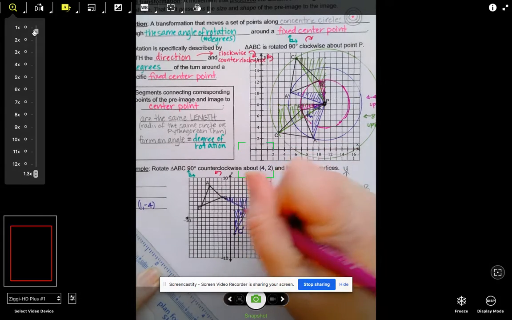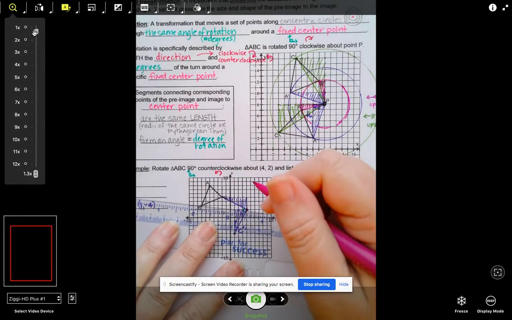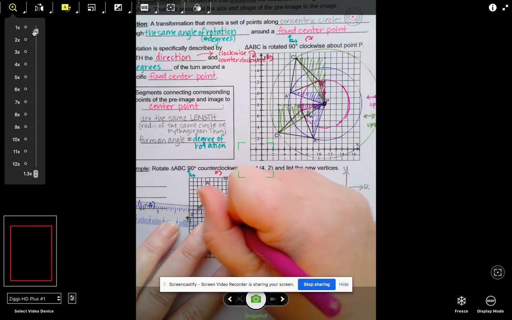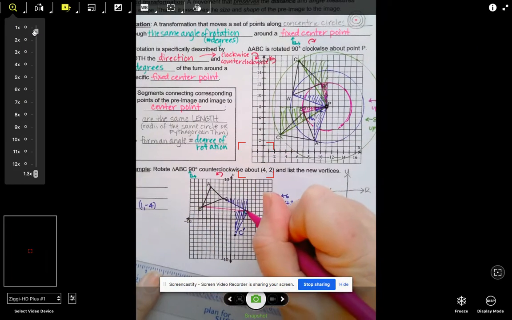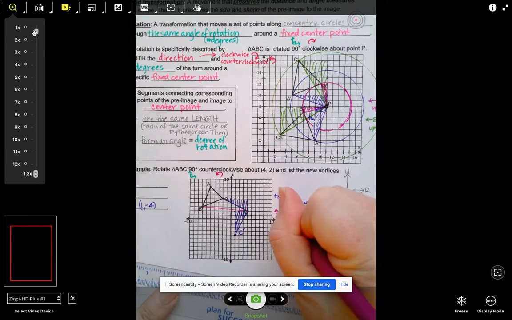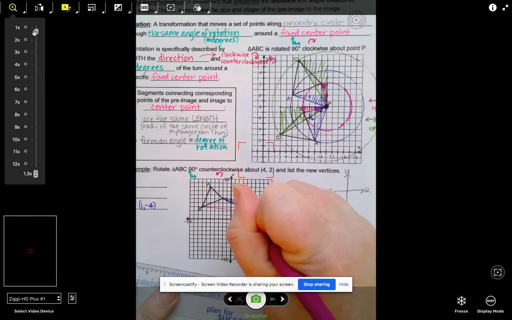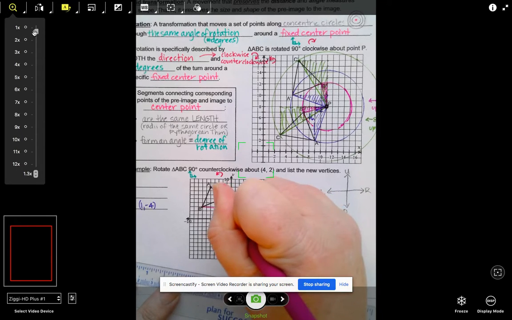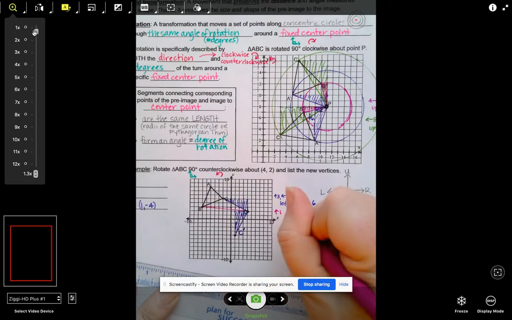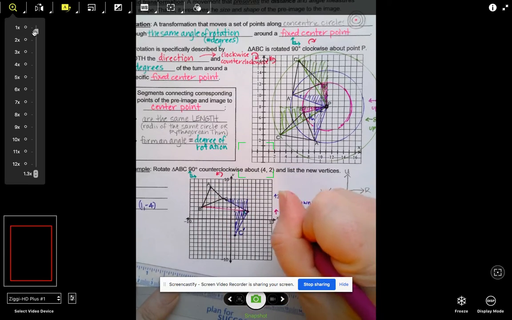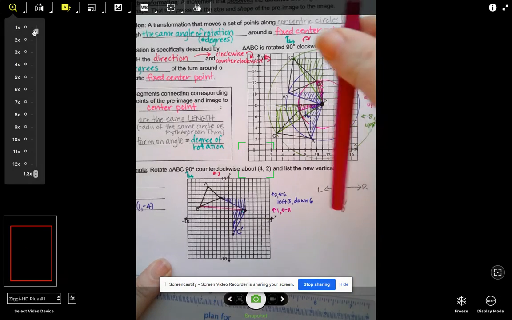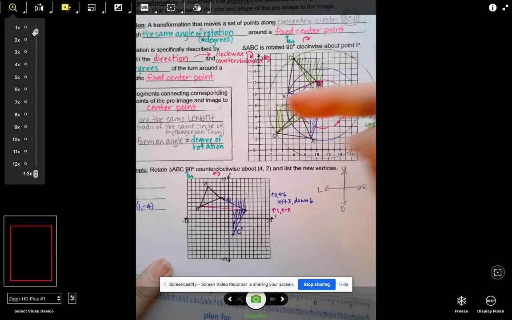Okay, so if I take this and I connect these, okay, if I were to move from my center to B, it's up 1 and over 1, 2, 3, 4, 5, 6, 7, 8, 9, 10, 11. So left 11.